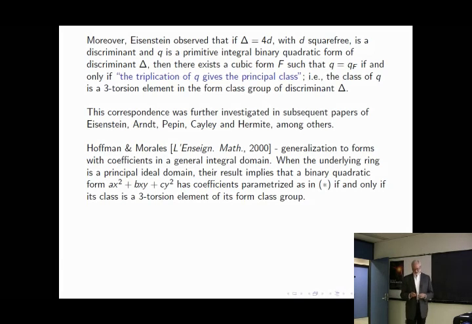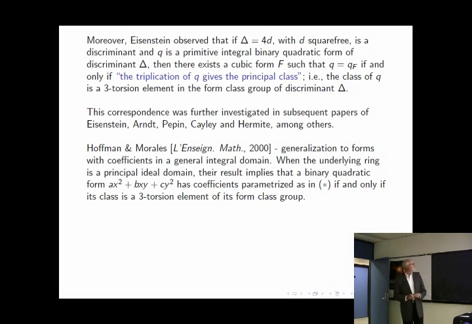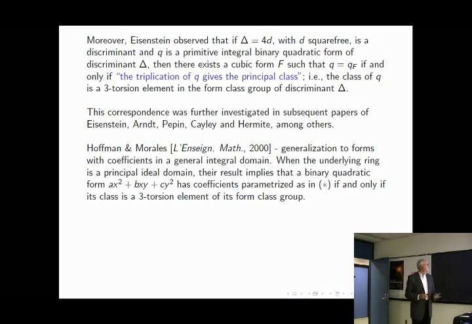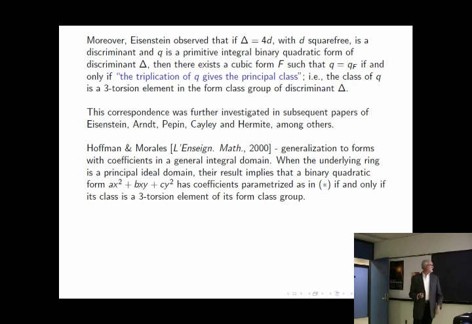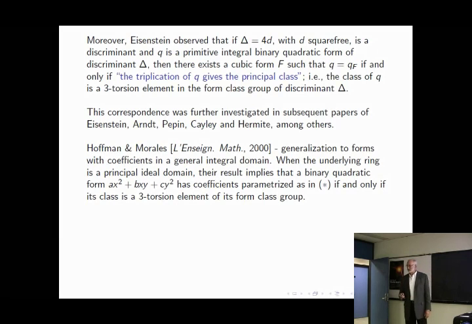So in particular, if you have a principal ideal domain, the binary forms that you see there that have their coefficients parametrized in that funny way by those equations that we saw before, turn out to be exactly those that correspond to the 3 torsion elements in the form class group. So it's a very general phenomenon.